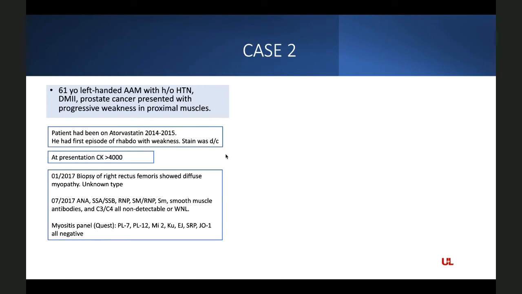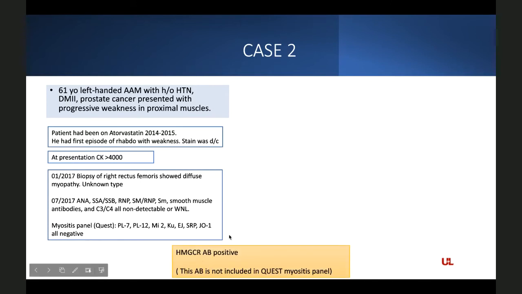My point for this slide is that HMGCR antibody was positive. We did send out the myositis panel, but that particular panel does not have HMGCR antibody included in it. So it's important for us, even as residents, to know when we send out these panels, and we need to make sure that we send out all the antibodies correctly.